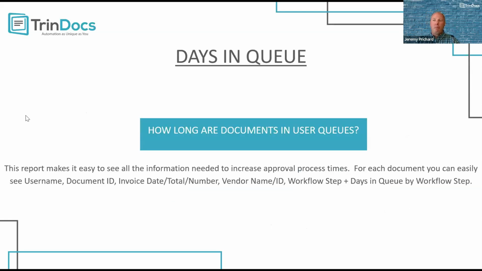Days in queue, this is a report that makes it easy to see all the information that you need to increase your approval processing time. Cash is king, and especially in an economy like this, if you're not watching your cash flow, then shame on you. There's no reason not to.